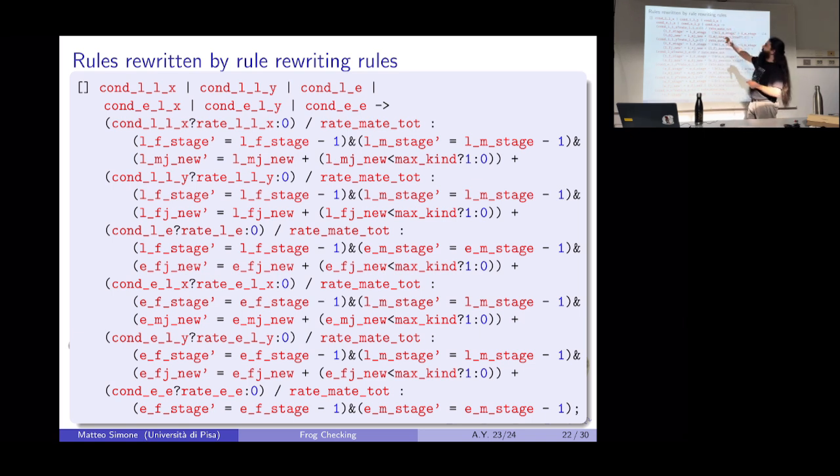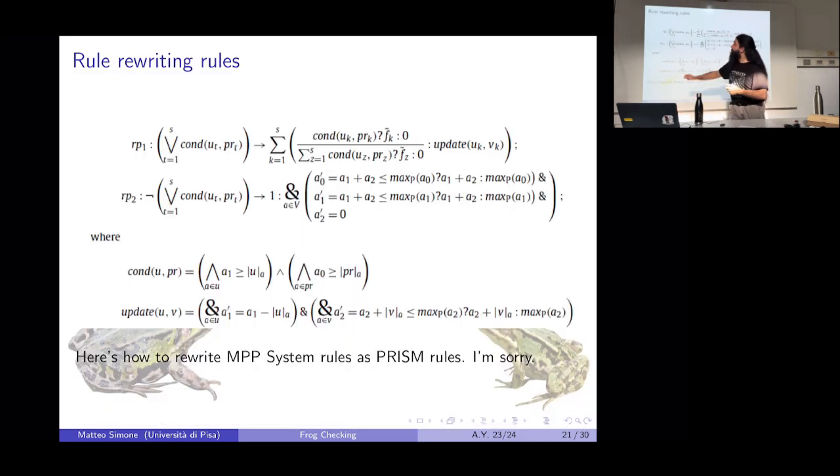If we do apply it, then we take one Lessona female from the working set, one Lessona male from the working set, and if we're not over the upper bound of our LMJ new set, we put one juvenile in that set, and so on for all the rules. So this is basically just really take all the conditions, look for what rules you can apply, take them with the probability of that condition over the sum.